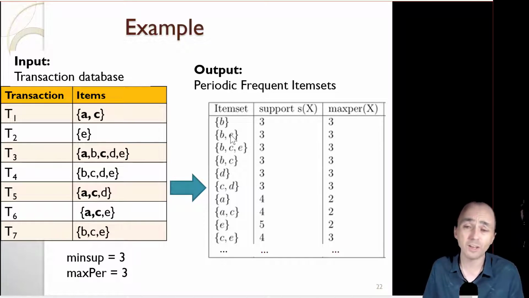So we find all the item sets that have a support of at least the minimum support, 3 or more, as you can see here. And the maximum periodicity of these item sets will be no more than the maximum here, 3. These parameters, the user needs to set. And then we find the result like this. So this is quite interesting.